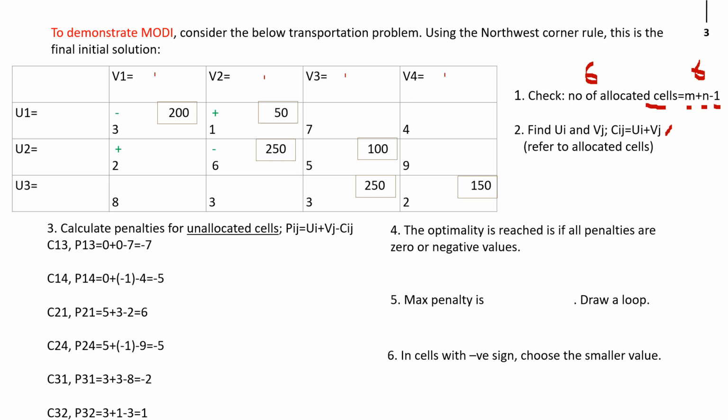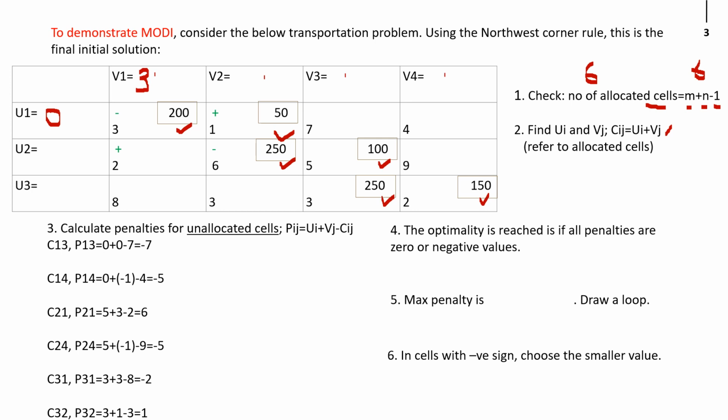Okay, I take the allocated cells. There are 6 cells. We always set U1 equal to 0, and then we can find V1. 0 plus V1 equals 3, meaning that V1 is 3.